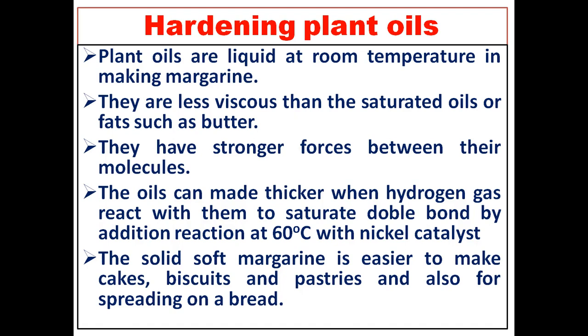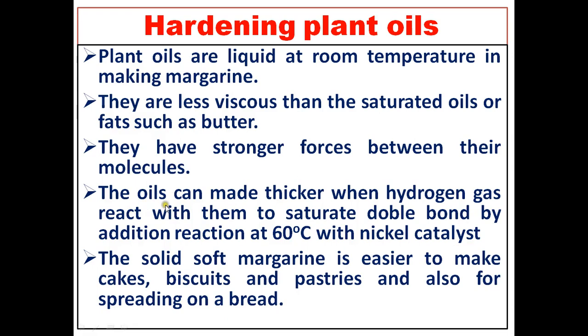Next is the hardening of plant oils. What is this hardening of plant oils? The problem with making margarine is that plant oils are liquids at room temperature. They are less viscous than saturated oils or fats such as butter, which have stronger forces between their molecules.